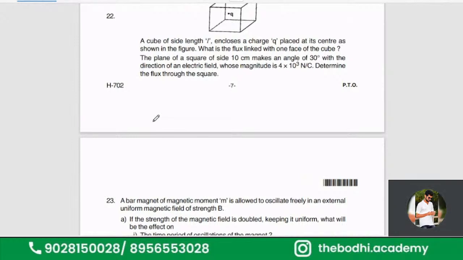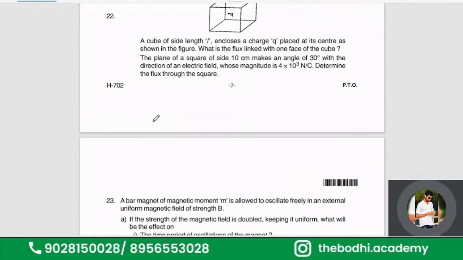Question 22: A cube of side length L encloses a charge placed at its center, as shown in the figure. What is the flux linked with one face of the cube? Now, there can be multiple questions based on this one question. Here it is one face.